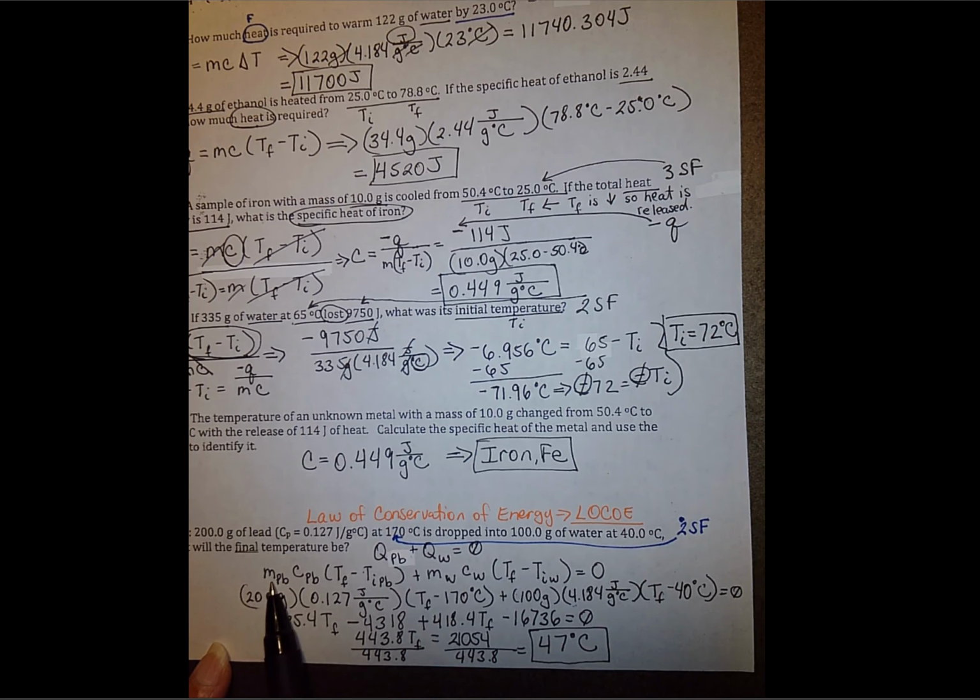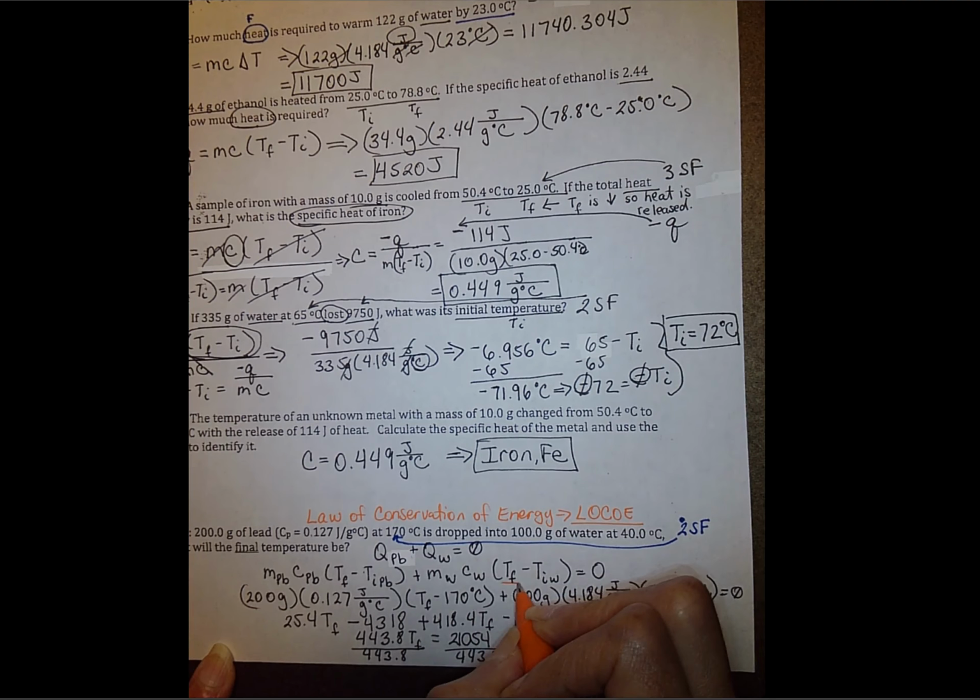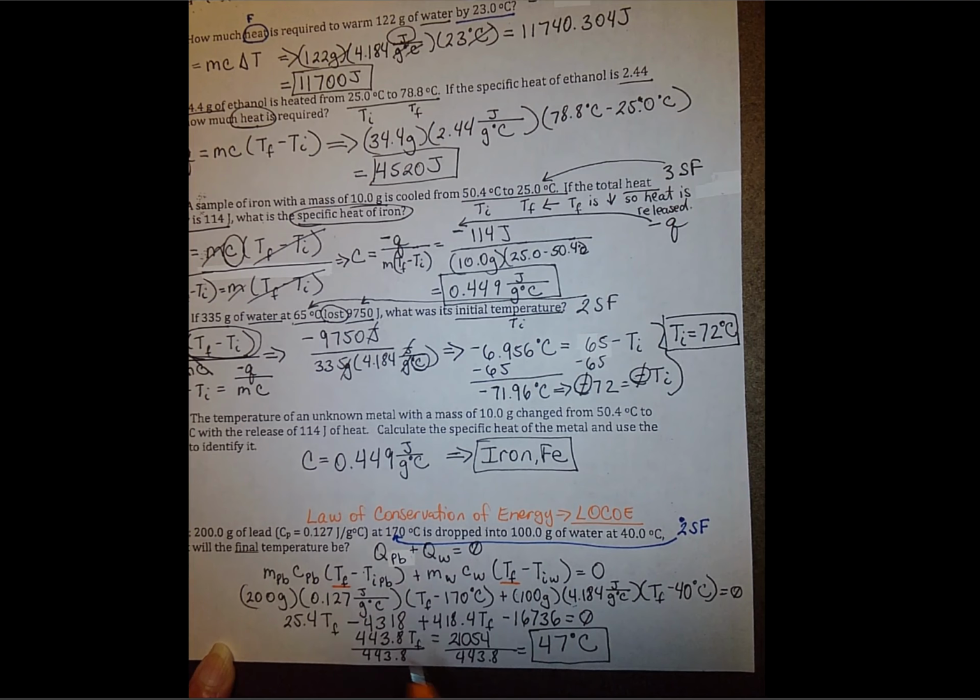And you've got the mass of lead, the specific heat of lead, the change in temperature, the final temperature minus the initial temperature of the lead, plus the mass of the water, the specific heat of the water, the final temperature. Now notice I haven't identified this final temperature because both the water and the lead will share it with one another. It's going to be the exact same temperature because that's where they reach equilibrium. And then of course minus the initial temperature of the water, set equal to 0.